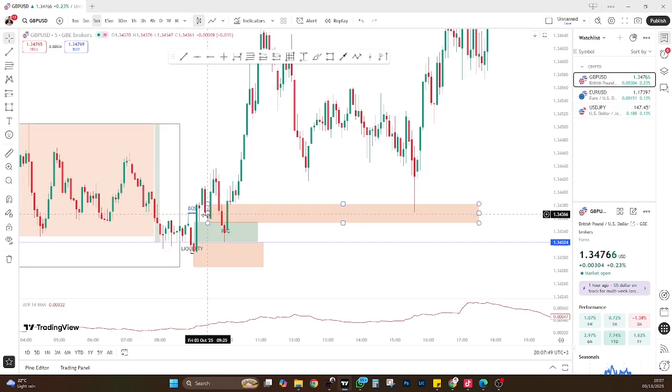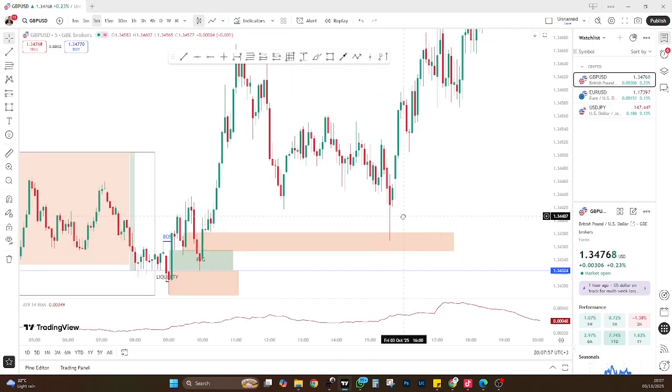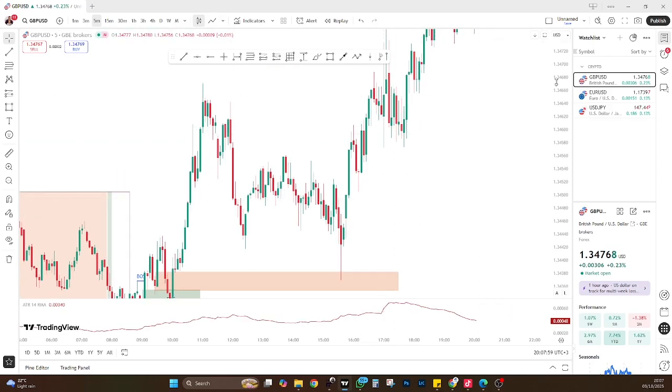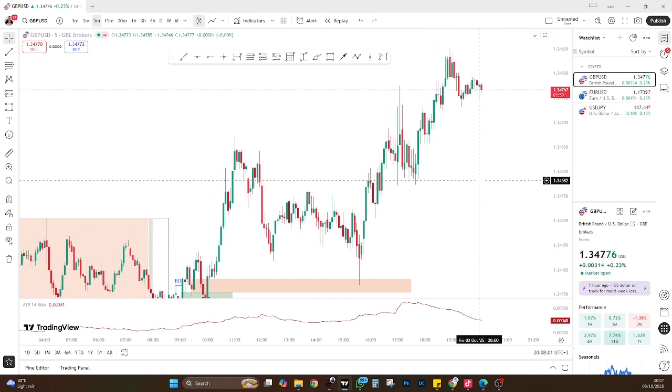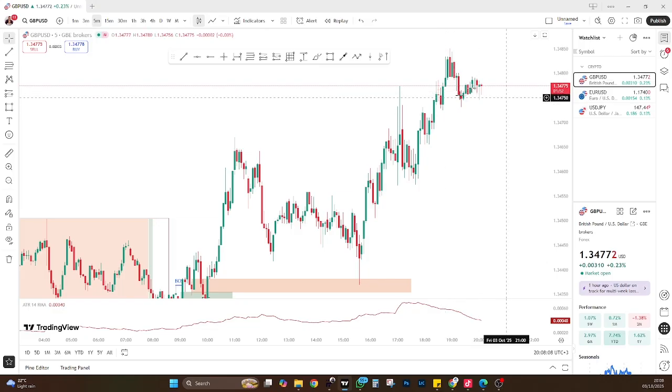This is a breaker block here. So the market came, tapped into the breaker block plus the FVG. What did it do? It is now buying like no one's business. It is just buying.